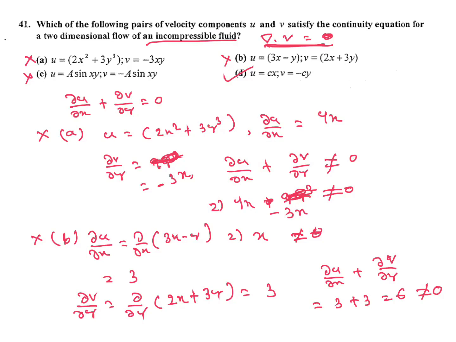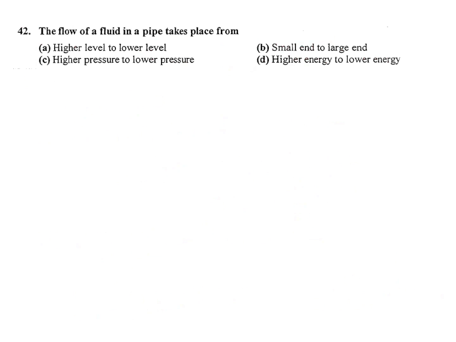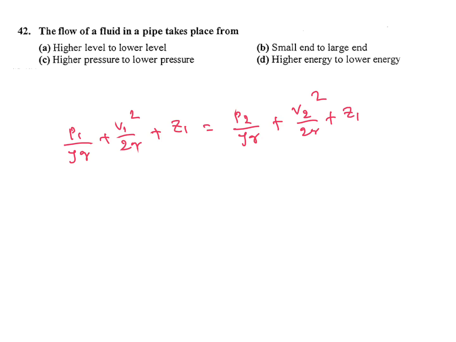The flow of a fluid in a pipe takes place from its higher energy level to lower energy level. Bernoulli's equation we will write here: P1 by rho g plus V1 square by 2g plus Z1 equal to P2 by rho g plus V2 square by 2g plus Z2 plus loss of head.